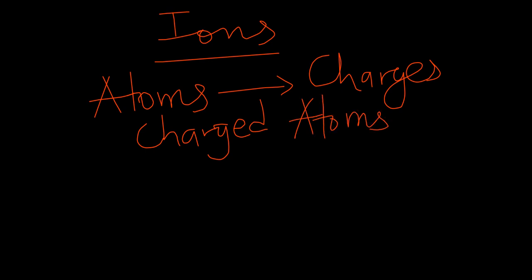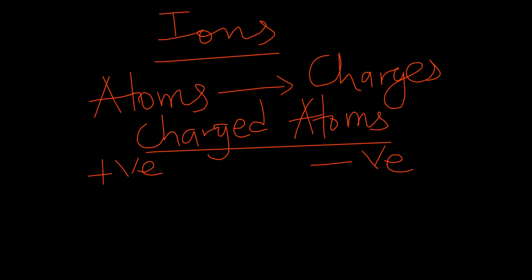And of course, wherever you have a charge, the charge can be positive, can also be negative, which means that we have positively charged atoms and negatively charged atoms. Whenever we have positively charged atoms, the ions involved are called cations, and negatively charged atoms are called anions.